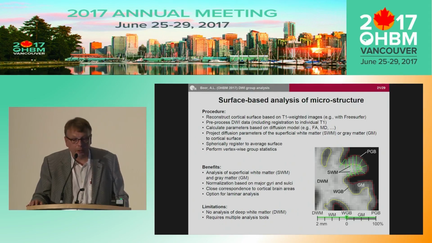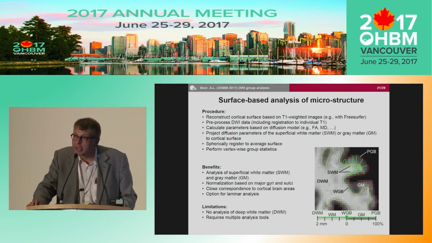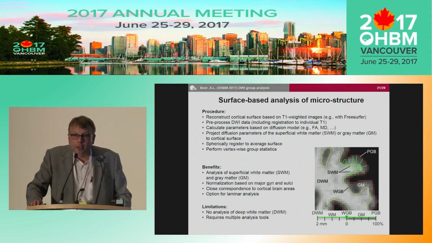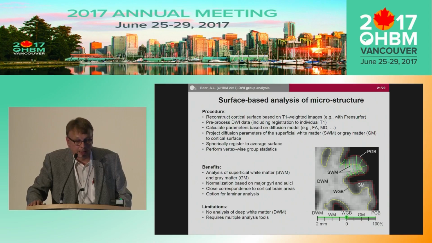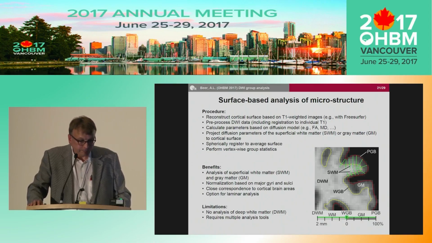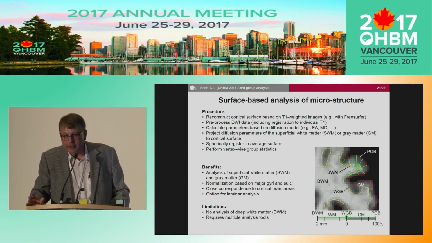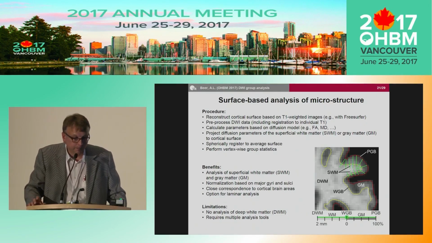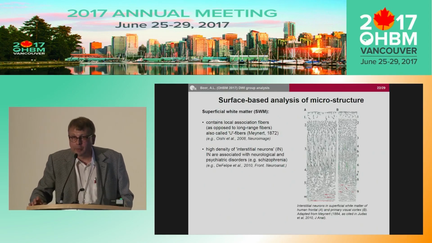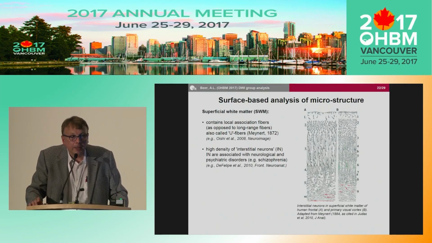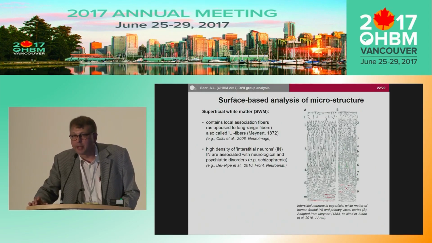You have relatively good correspondence between cortical areas, and you can also get a good correspondence between functional MRI and diffusion-weighted MRI. The disadvantage is that you more or less ignore the deep white matter. But the superficial white matter is not a bad thing to look at. It is distinct in several aspects.